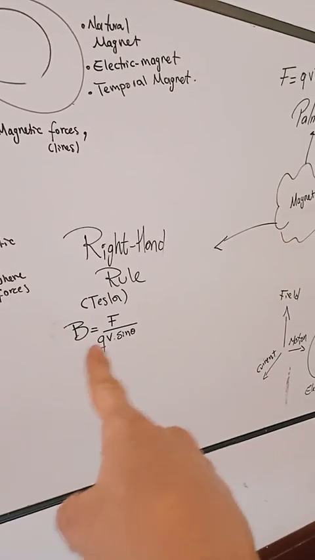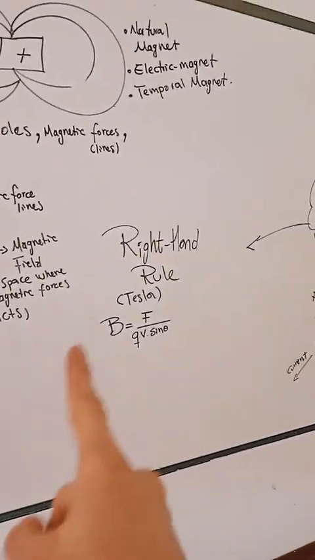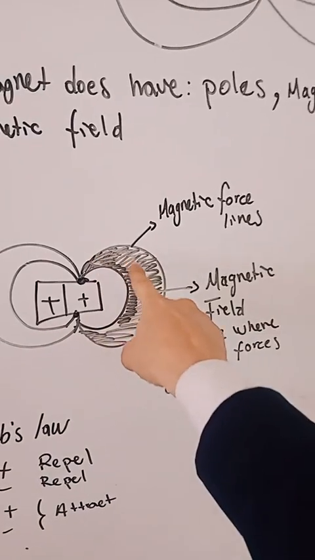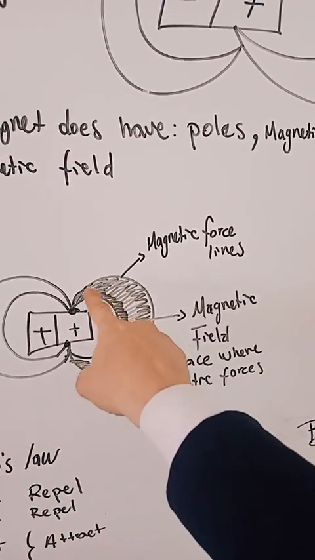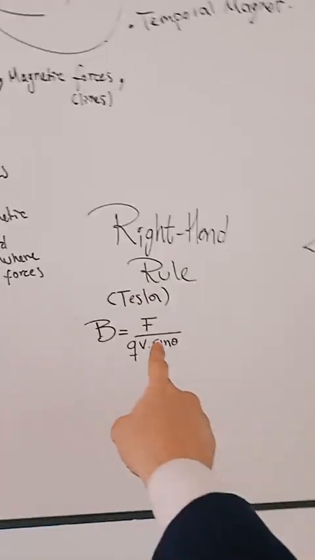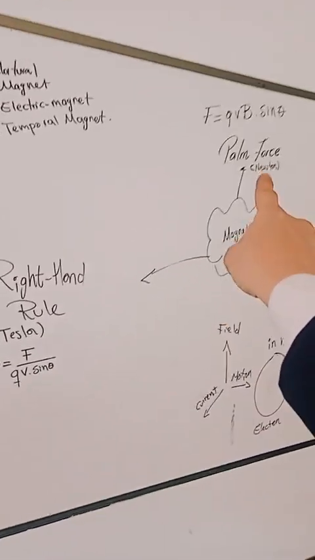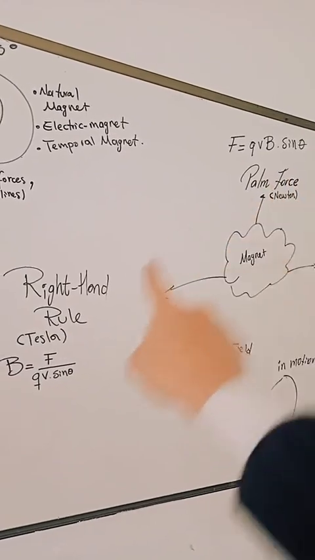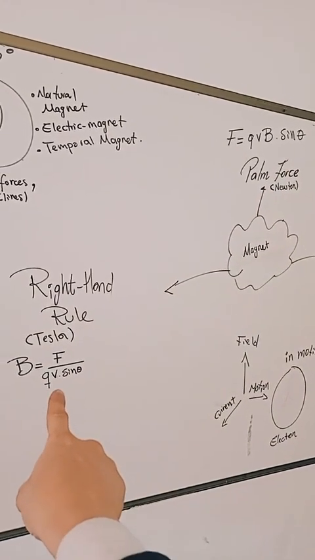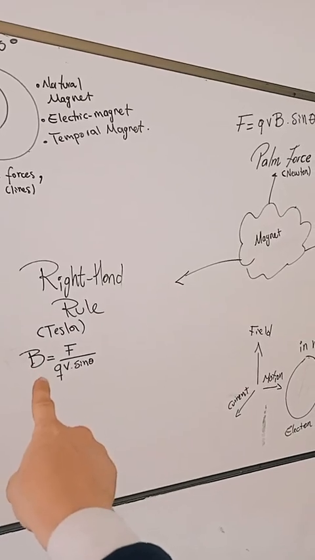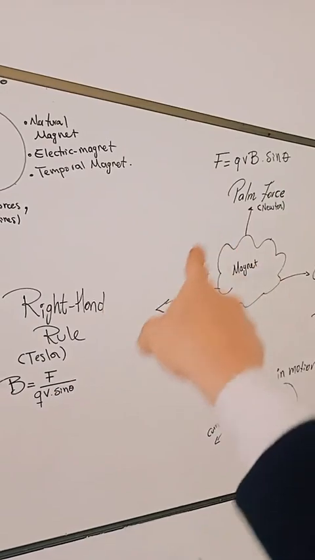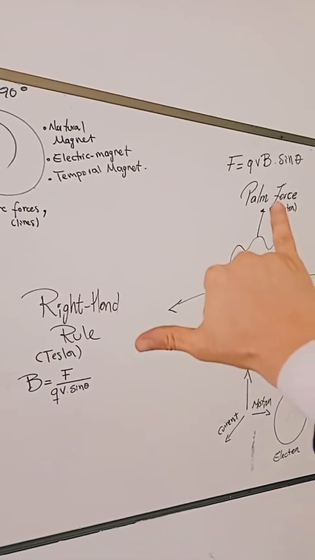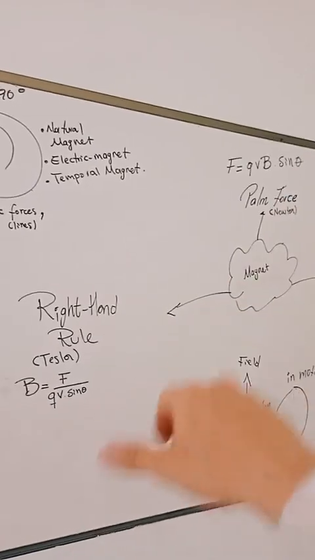Because the magnetic field, the measure of this area in Tesla, has an equation that is almost the same as this one. In fact, they are the same equation, but here we are finding B and there we are finding F.